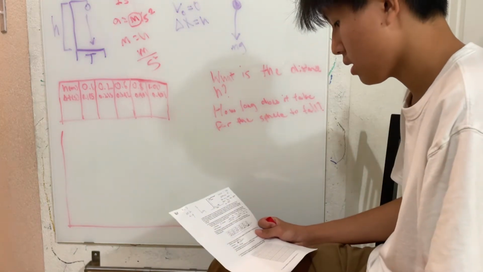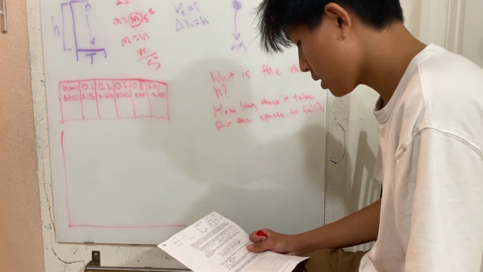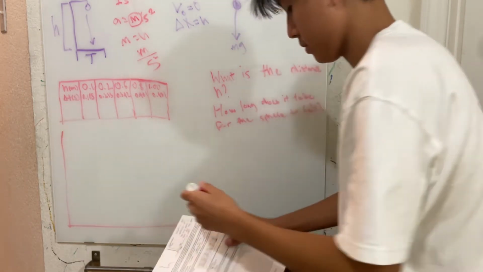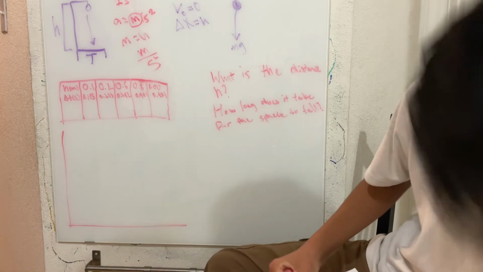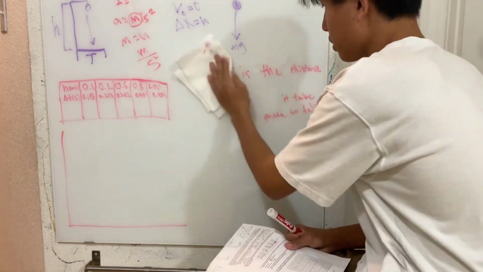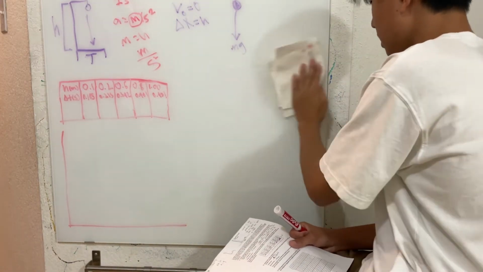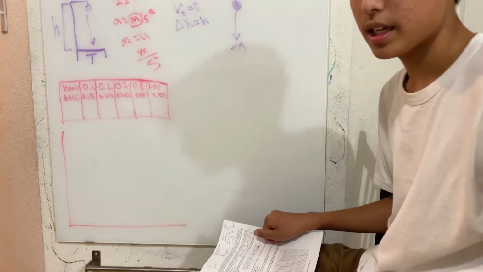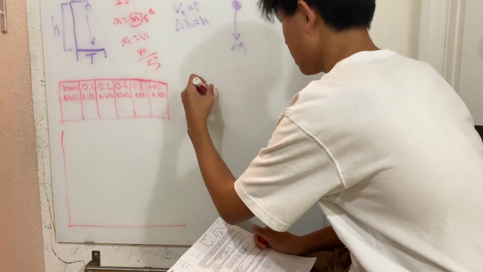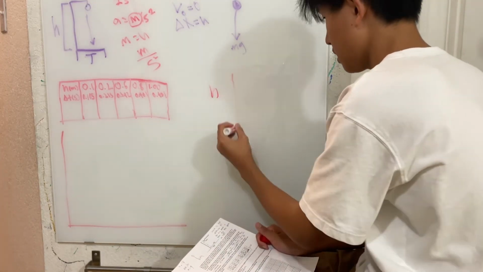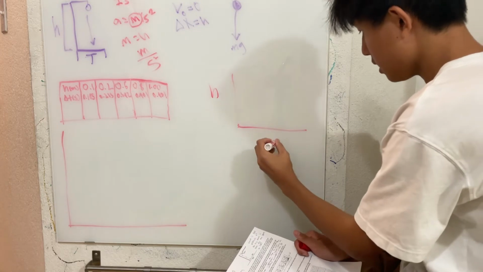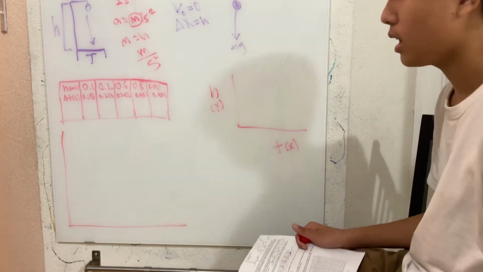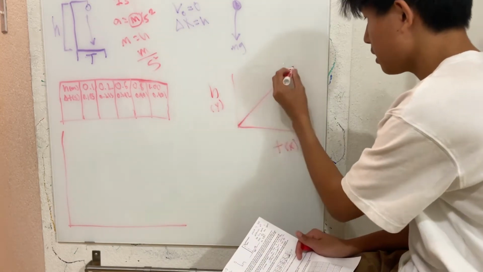So if we were to plot out the data points given in this table, assuming that h is the y-axis and t is the x-axis, we would probably come up with some sort of linear line.